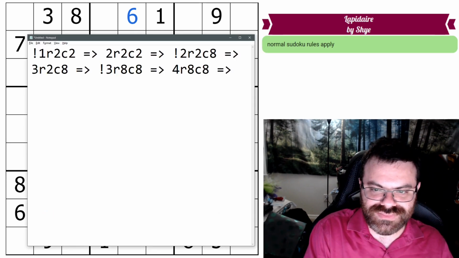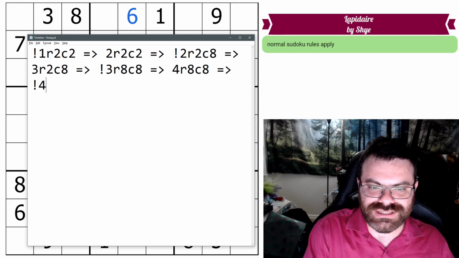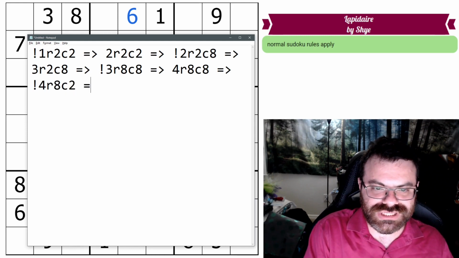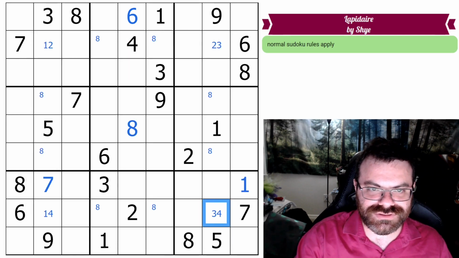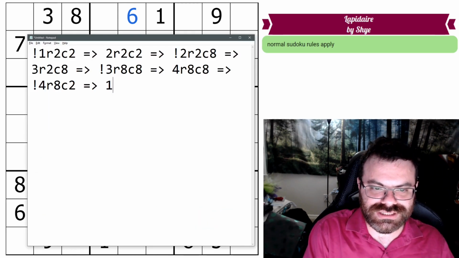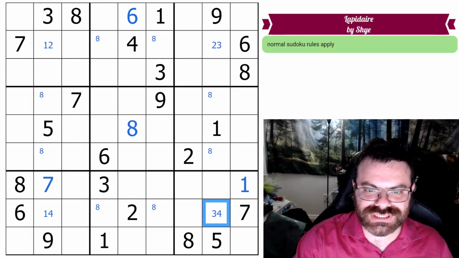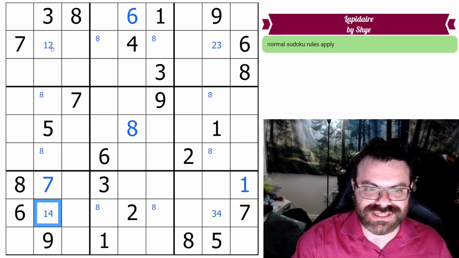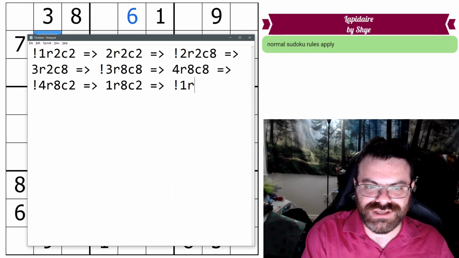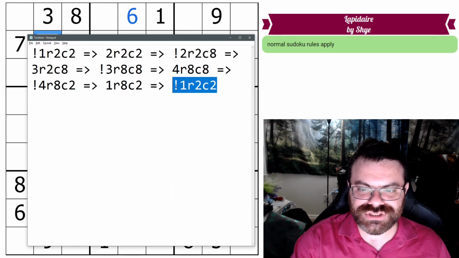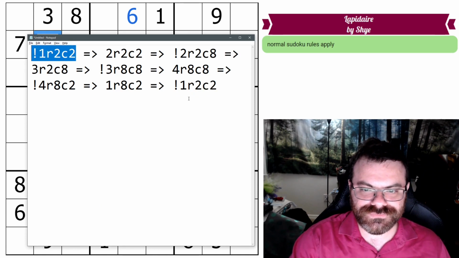So that's going to mean that there is not a 4 in row 8, column 2, which implies that there's a strong link between the 4 and the 1 in that cell. That means there is a 1 in row 8, column 2. And a 1 in row 8, column 2 finally implies that there's not a 1 in row 2, column 2, which is our initial assumption.